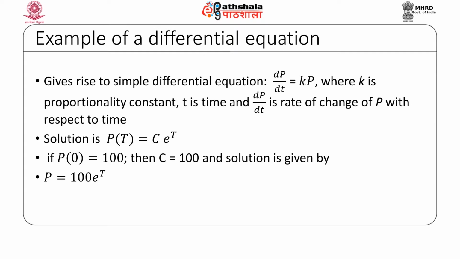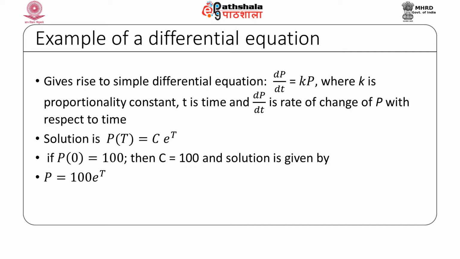And this rate of change is proportional to the population P. So, we can say that dP by dt is given by k times P, where k is a constant. This is a very simple differential equation and arises in many growth problems. The solution of this differential equation is that population P at time t is given by C, a constant, into e raised to t, where t is time.